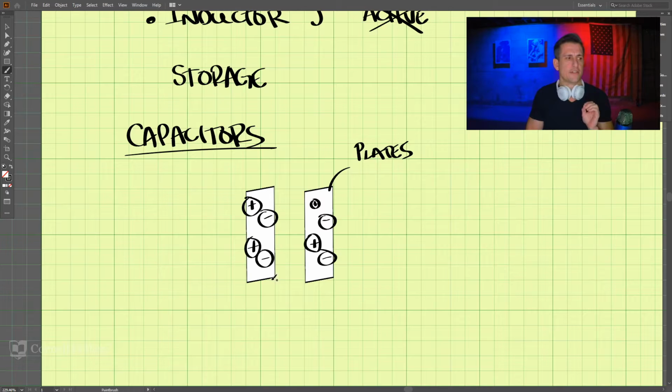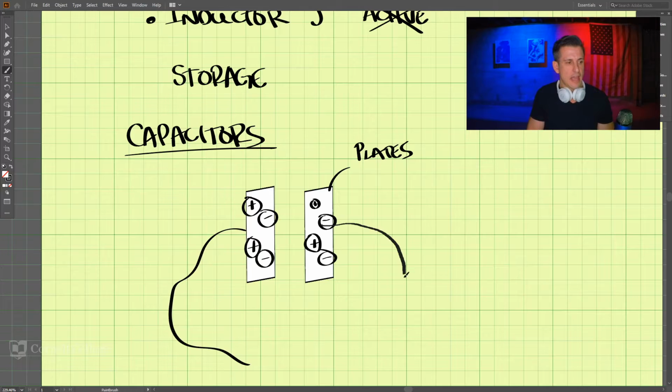So what happens here if we take this plate and this plate and we connect it to a voltage source?